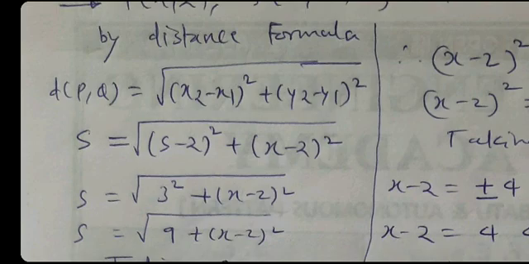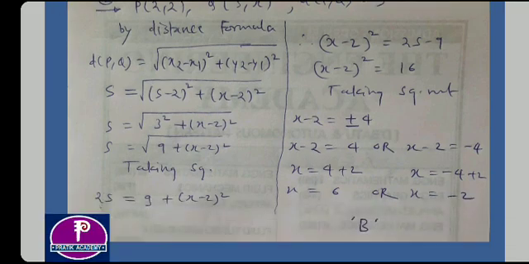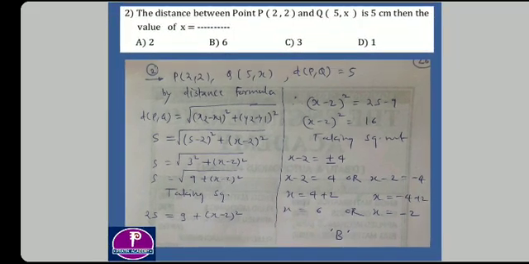Putting the values, we get 25 is equal to 9 plus (x minus 2) bracket square. Then (x minus 2) square is equal to 16. Taking square root, we get x minus 2 is equal to plus minus 4. For plus 4, we get x is equal to 6. For minus 4, we get x is equal to minus 2. So option B is correct because 6 is given.